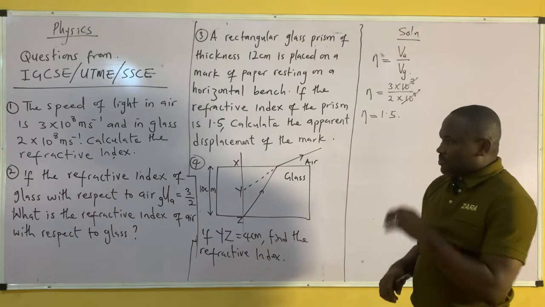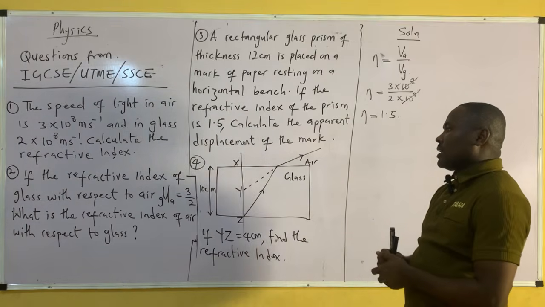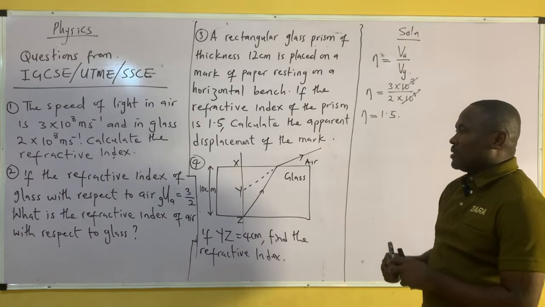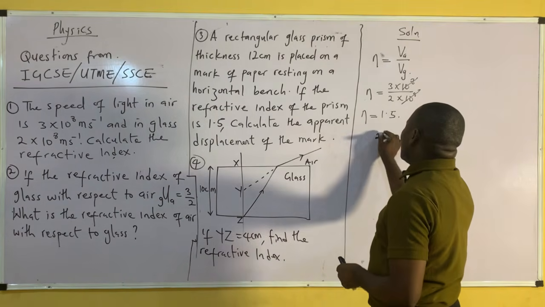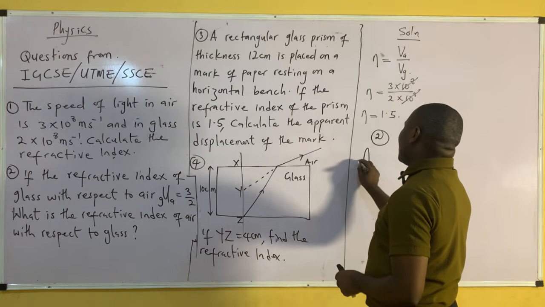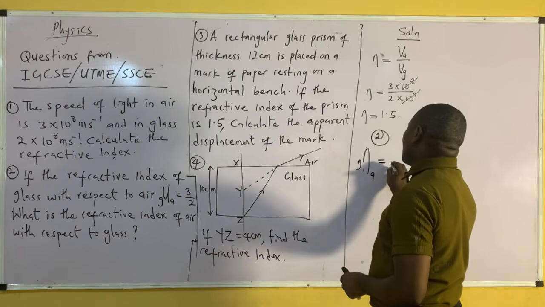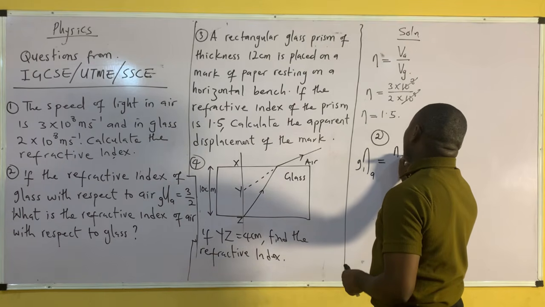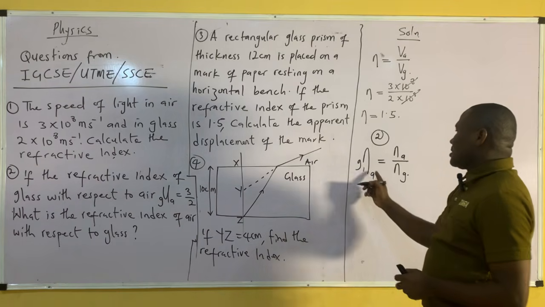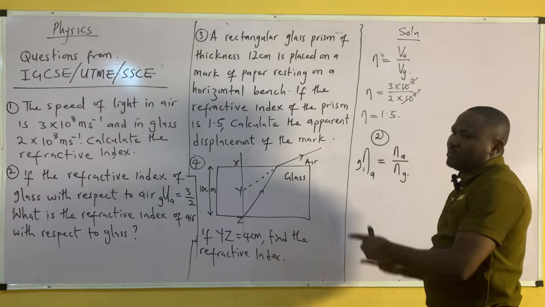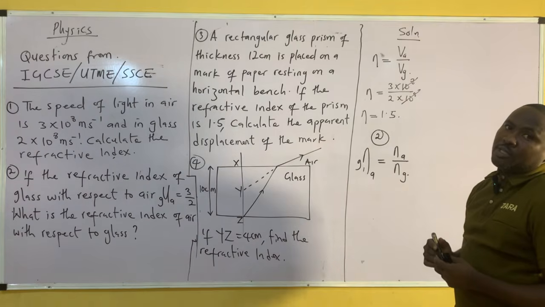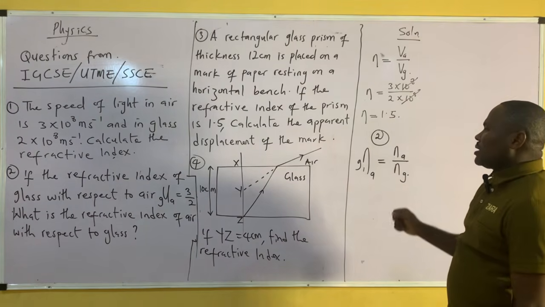Number 2 says, what is the refractive index of glass with respect to air? Refractive index of glass with respect to air is equal to refractive index of air over refractive index of glass. Remember, this is the reverse of the way you do speed and wavelength. Look at this very well.